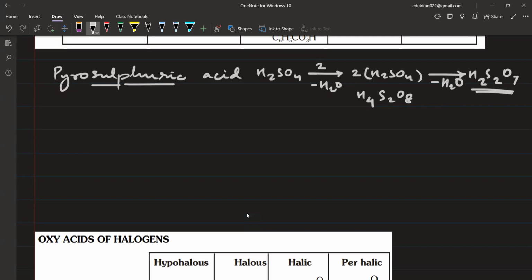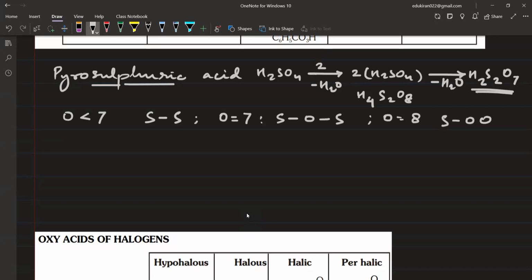When the number of oxygen is less than 7, then all the bonds that you are going to make will be SS bonds. ठीक है, if you have oxygen that is equal to 7, then it is going to be SOS. ठीक है, and when you have oxygen that is equal to 8, then in that case you will have SOOS bond. ठीक है, इस तरह से बॉन्ड होगा आपके पास SOOS.